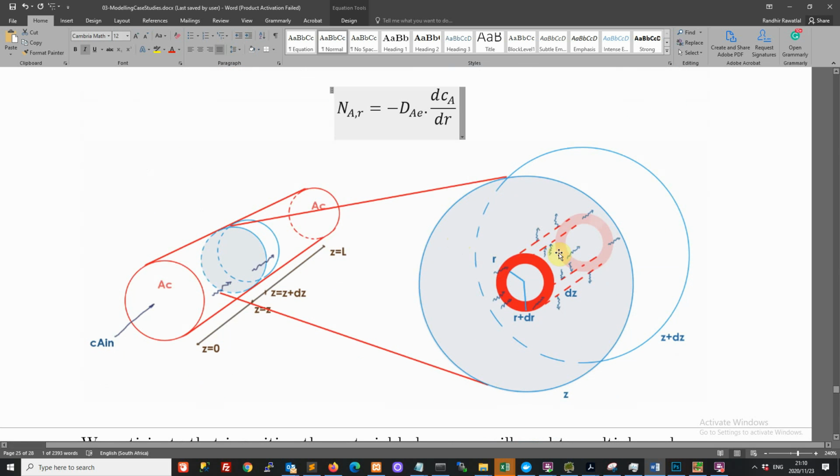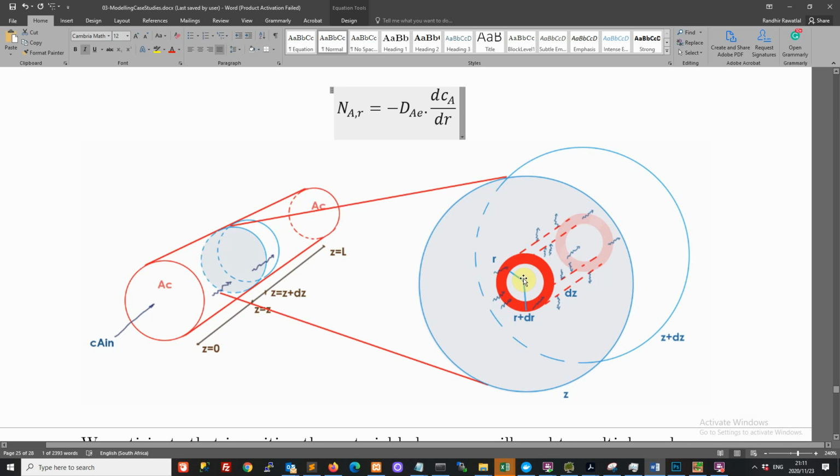And then for flux in the R direction, that flux is actually the inside of the tube of this imaginary annulus. So as component A diffuses from the center towards the walls, it's going to cross this surface.